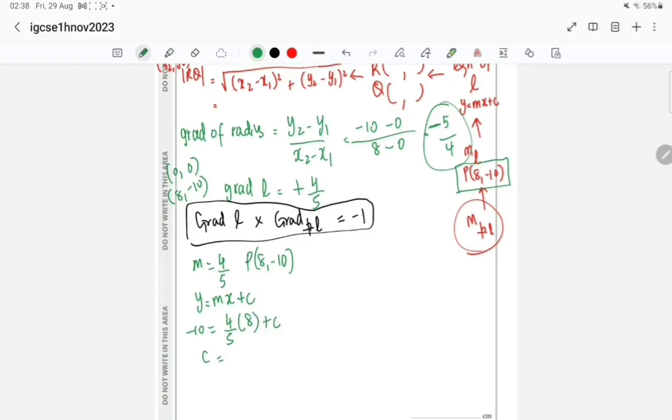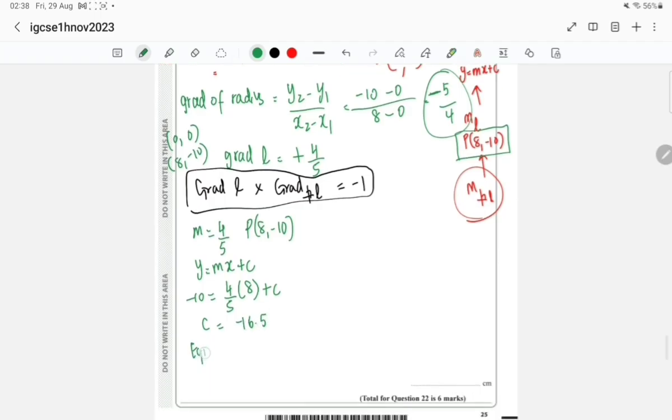Find the value of c. This will give me quickly minus 16.4. So my equation of L will be y equals 4 over 5, which we can write as 0.8, so y equals 0.8x minus 16.4. This is my equation of L.